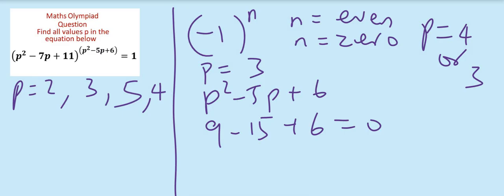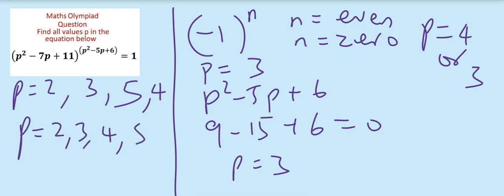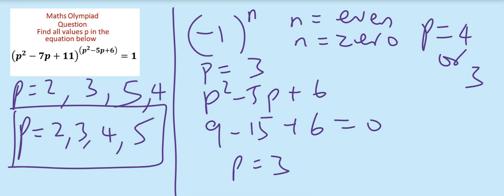If n is 0, I got p to be 3, which is already established before now. Therefore, I have 4 values of p that satisfy this equation. P can be 2, 3, 4, and 5.